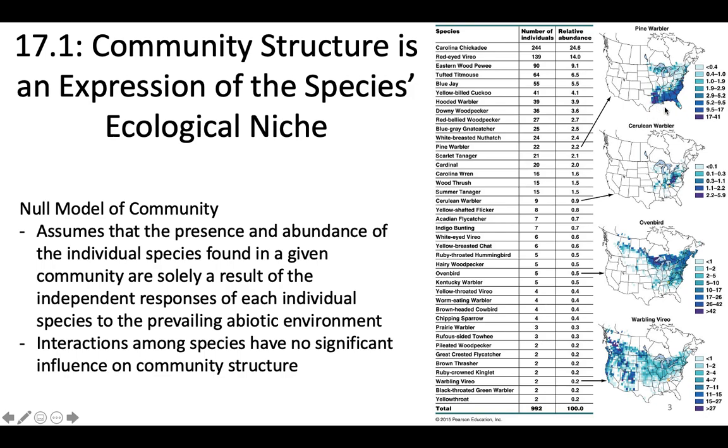If you're studying each of these species individually, you might operate under this null model of community to understand their distributions. But in reality, we know that species interactions are really important.